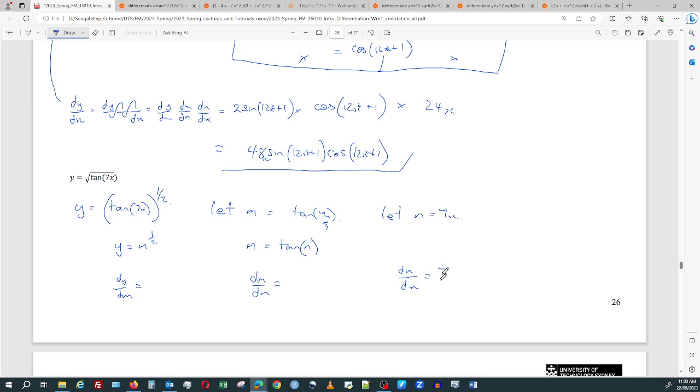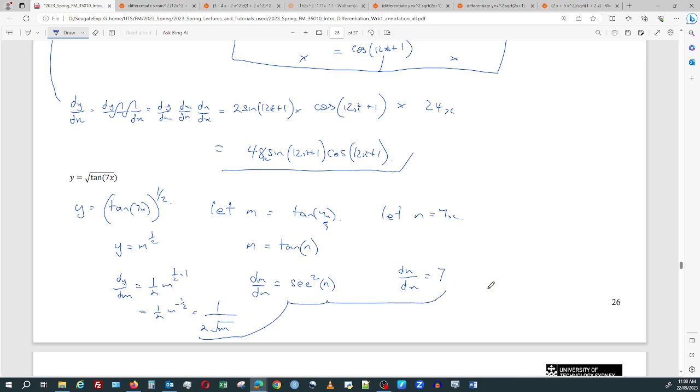So that'll be 7. Now, the differential of tan is sec squared, and we'll put the n in for now. Half m to the half minus 1 is half m to the minus a half, which is 1 over 2 square root of m. So that's fairly straightforward. So they're our products.